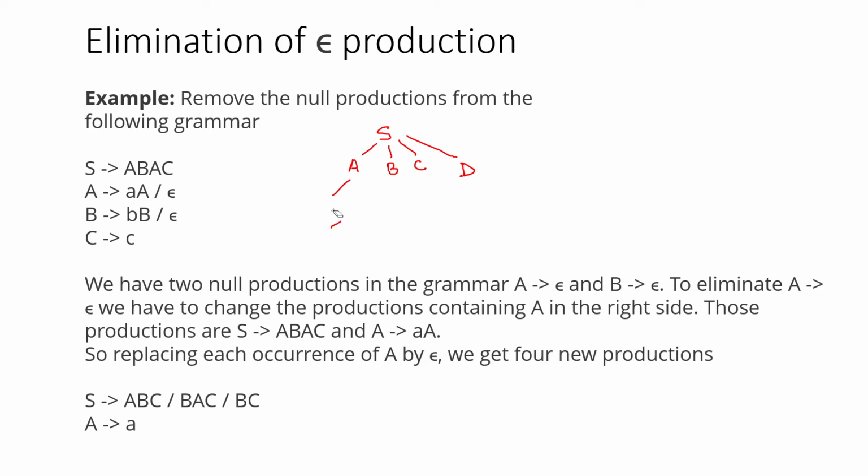If I had ABAC and the first A is epsilon, that means keeping epsilon doesn't make any sense. So writing this is equivalent to writing S to only BAC, right?